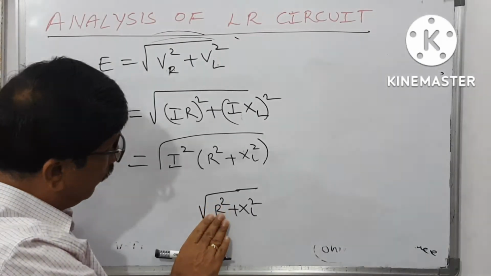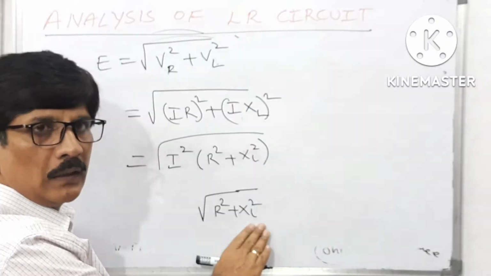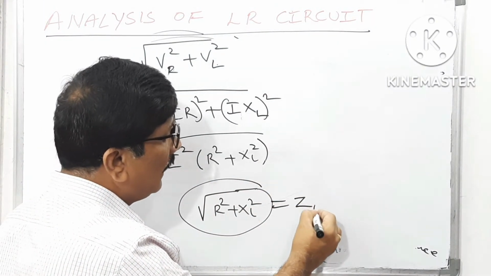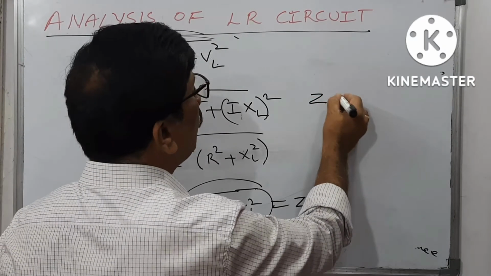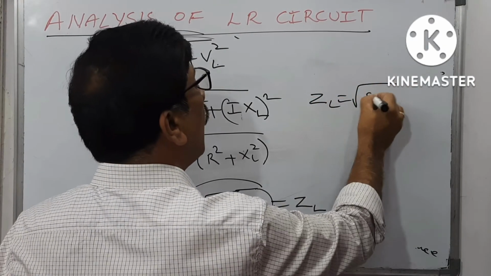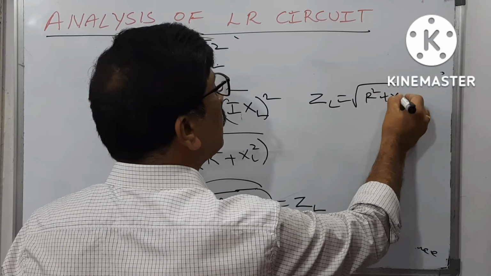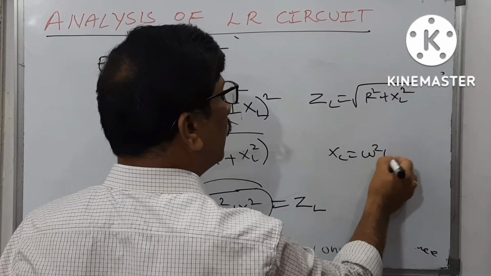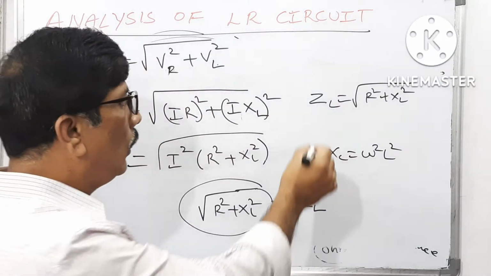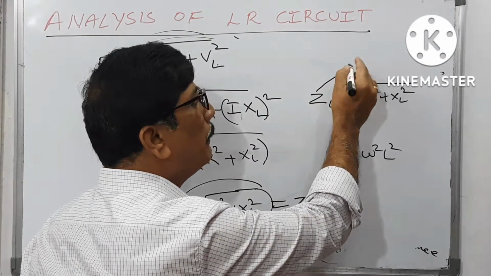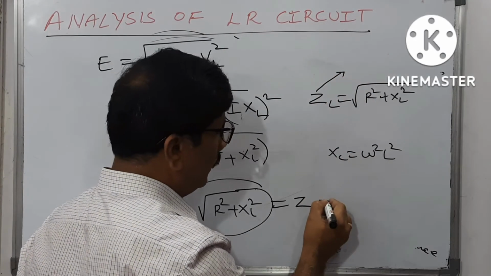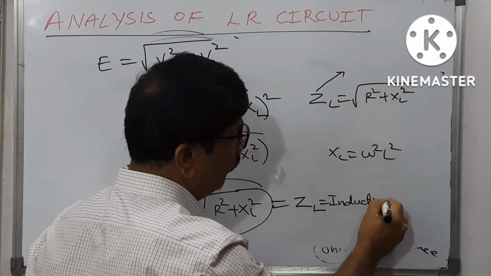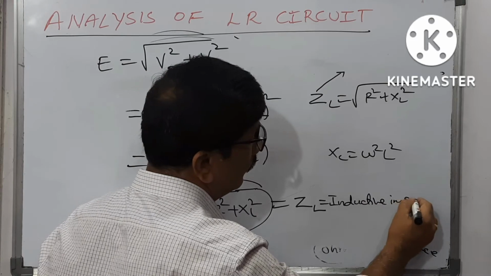Both are opposition offered by the resistor and opposition offered by the inductor. But this combination is called what? ZL. Here ZL is nothing but under root R square plus XL square. Here XL is nothing but omega L, so XL square is omega square L square. This is called inductive impedance. ZL is nothing but inductive impedance.